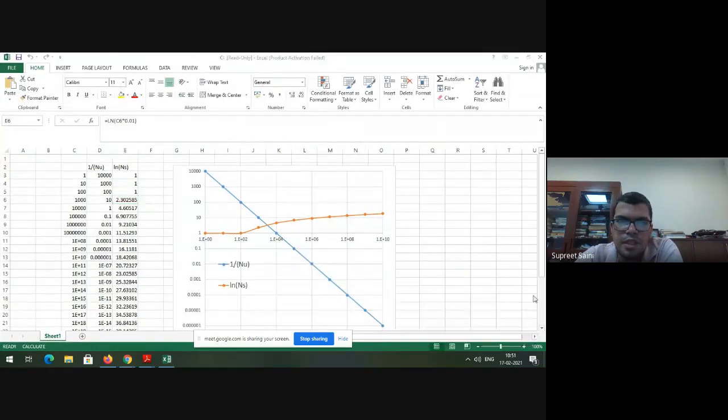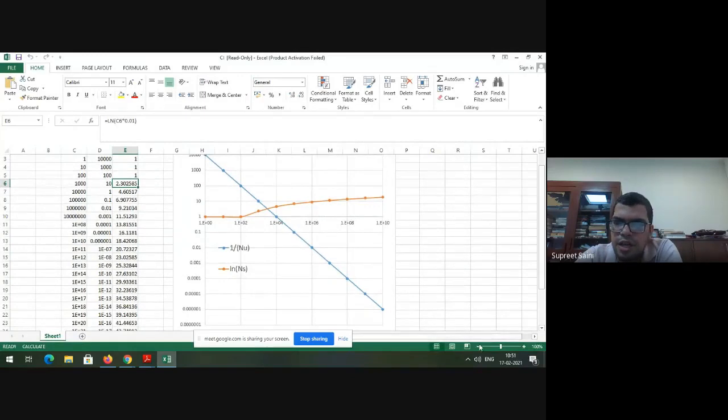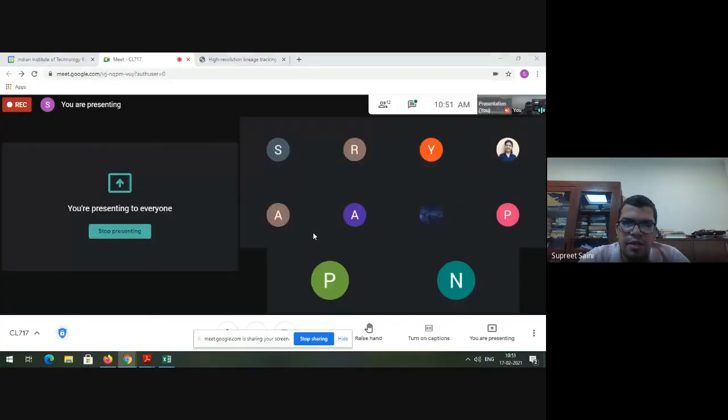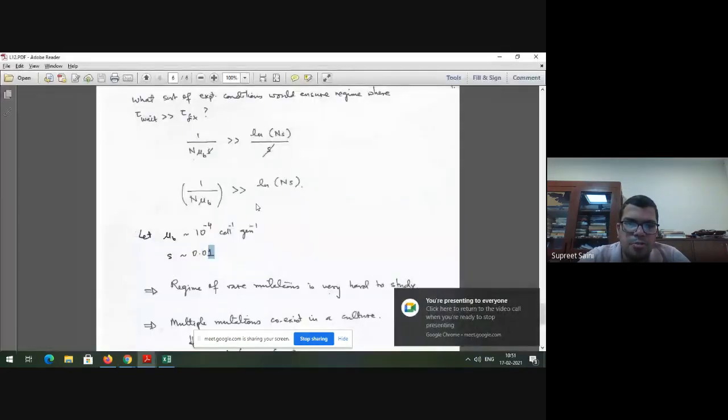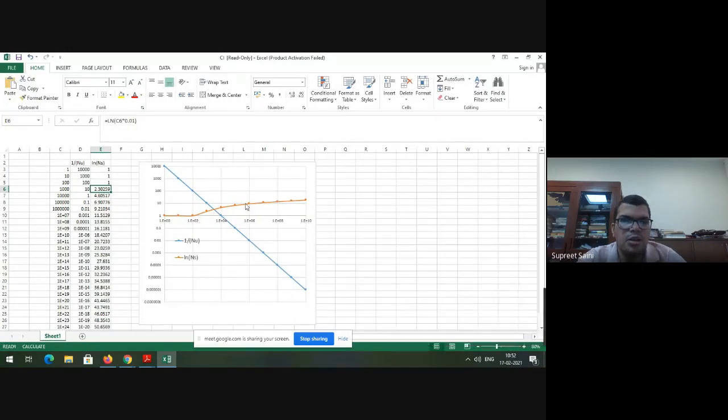So what I have done here is just plotted the two against each other. The x-axis is the value of n. And remember, for us to be in the first regime, we want 1 upon n mu b to be much greater than ln of ns. In this graph, we want the blue curve to be much greater than the orange curve.